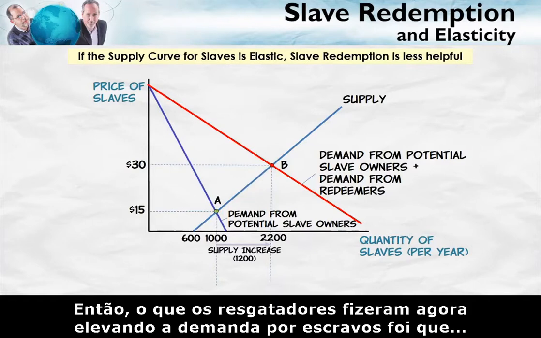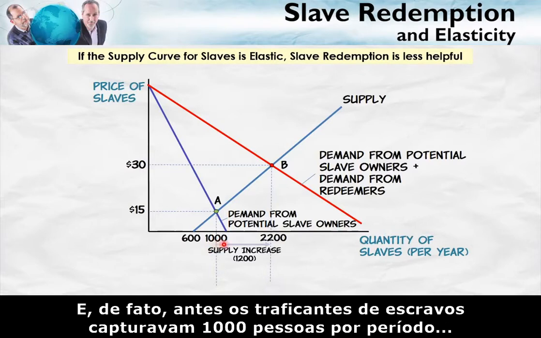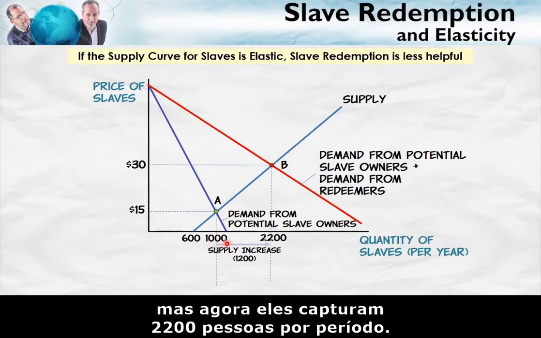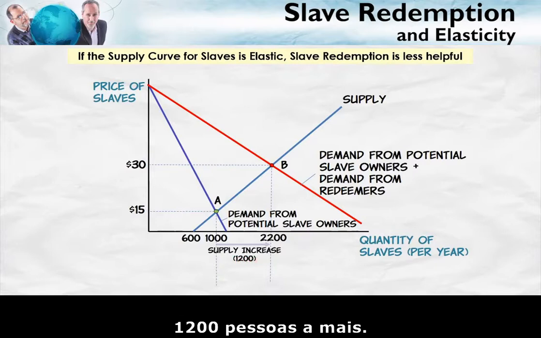So now what the redeemers have done by increasing the demand for slaves, they've increased the incentive of the slave traders to go out and capture more slaves. And indeed, before the slave traders were capturing 1,000 people per period, now they're capturing 2,200 people per period. So there's been an increase of people who are enslaved, who are put into slavery, of 1,200.